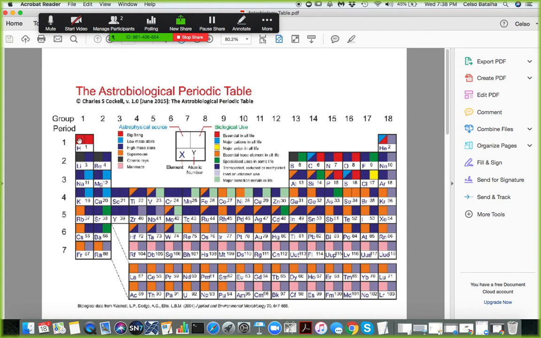So for instance, hydrogen, which is red, means Big Bang. The origin of hydrogen is the Big Bang. The origin of helium, shown here, is Big Bang, but it is also listed as low mass star. That's what we are studying now. Helium atoms are produced as an evolutionary byproduct of low mass stars, because hydrogen is converted into helium in the core, not in the star, but in the core.